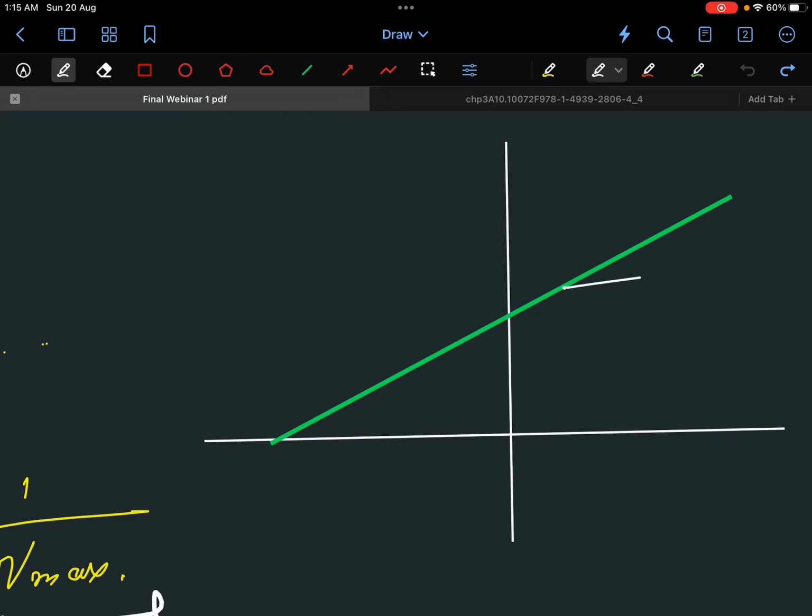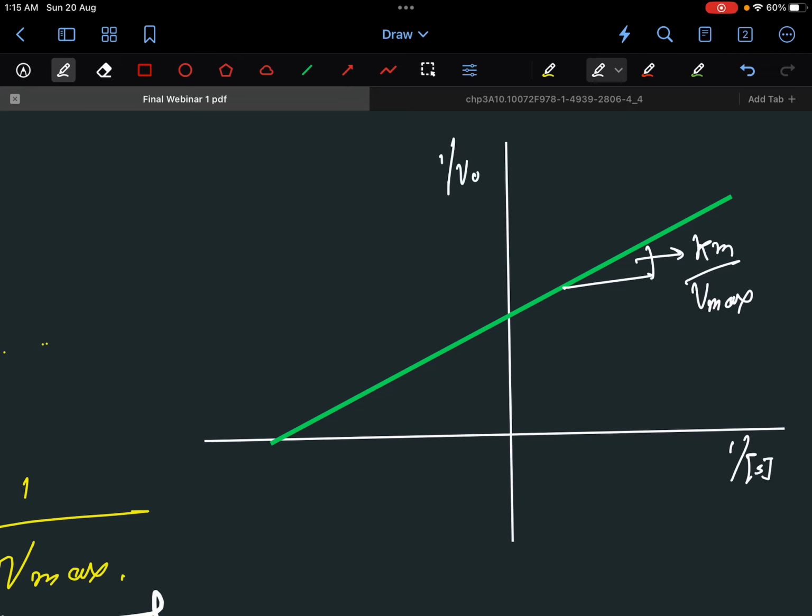Yeah, so the m is the slope, that is Km by Vmax, right? And x is 1 by concentration of the substrate. And y is 1 by V0, that is the velocity.